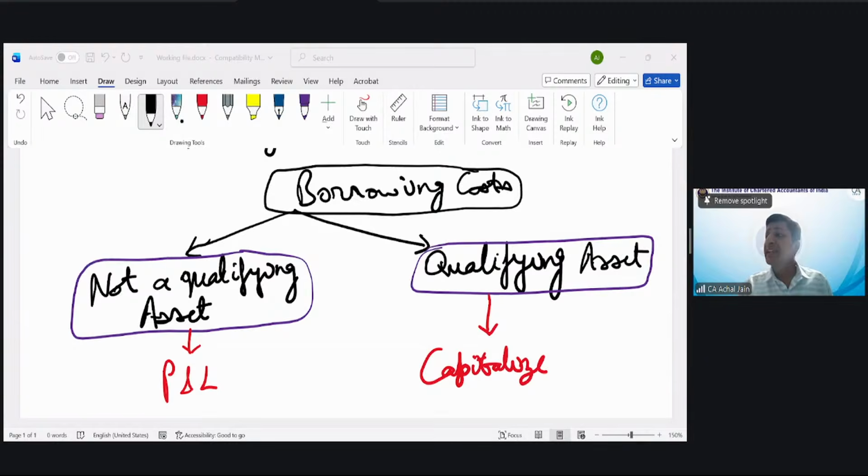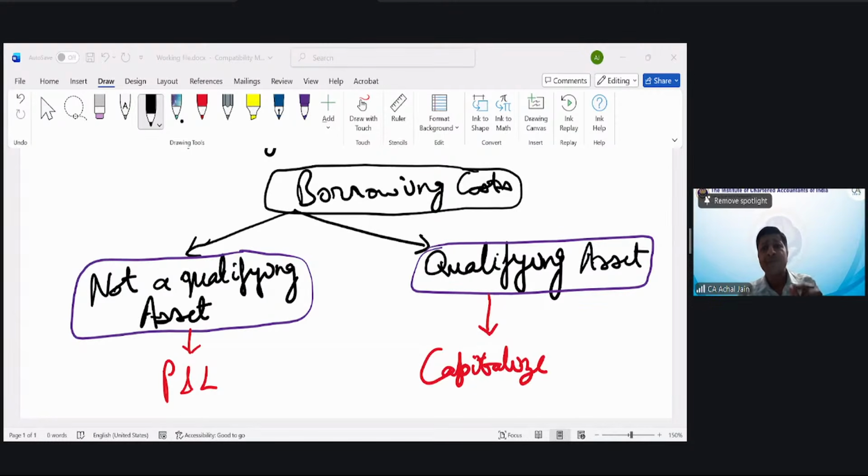Lloyd says something that we discussed under PPE. Answer is yes, it's very much on similar principles. If you go back to PPE, you remember there are some cost components which are required to be looked at, and some costs are added to the cost of the PPE.